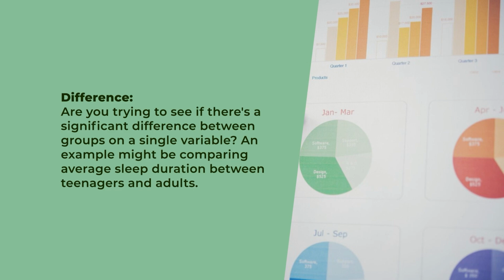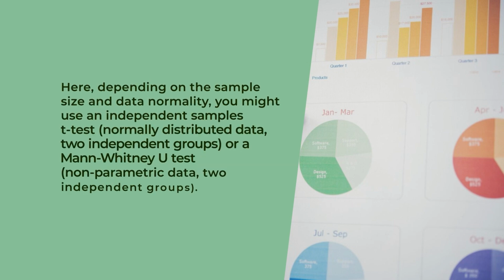Are you trying to see if there is a significant difference between groups on a single variable? An example might be comparing average sleep duration between teenagers and adults. Here, depending on the sample size and data normality, you might use an independent sample t-test for normally distributed data for two independent groups. But in case of non-parametric data, we can use a Mann-Whitney test for two independent groups.